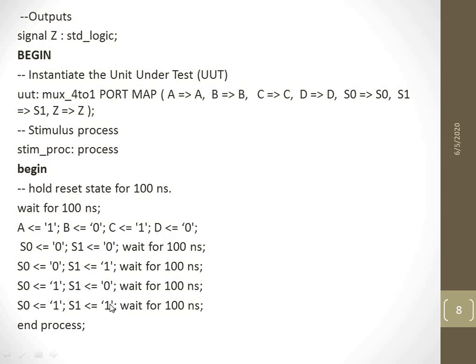Since I want to constrain the random stimulus generation, I don't want to elaborate it. So here I have initialized the input values at once, but only the selections are changed, so as to see whether the output is following the input or not.